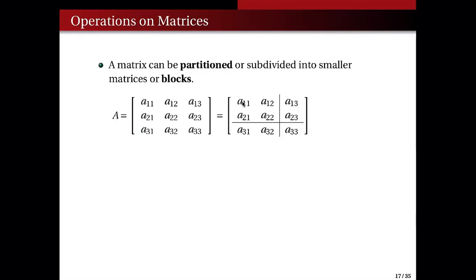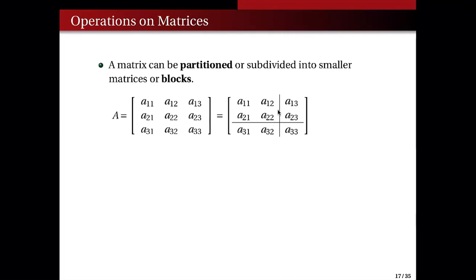So you have this submatrix here, a 2 by 2 submatrix. You have this submatrix here, a 2 by 1 submatrix. It's a column vector. This matrix here is a row vector, a 1 by 2. And this matrix here is a 1 by 1 matrix. Okay?